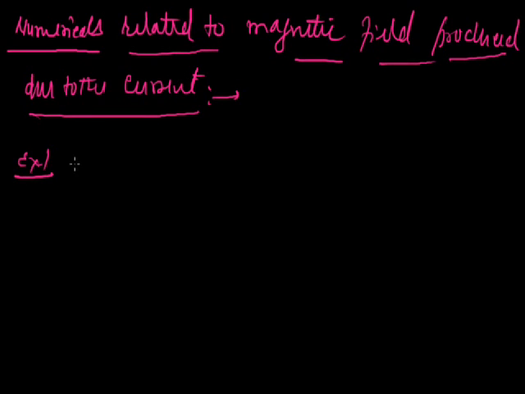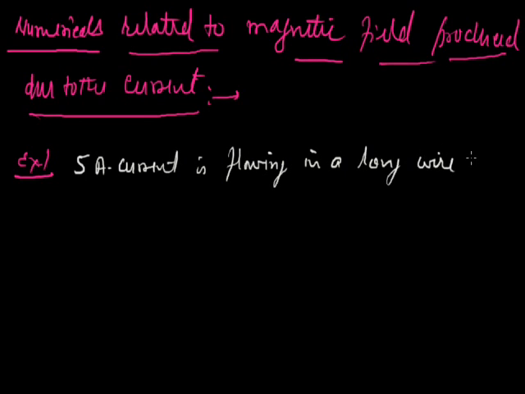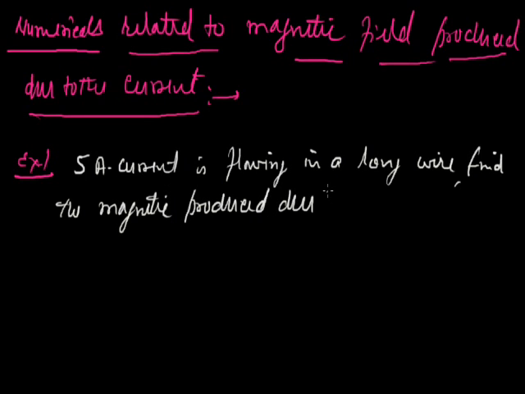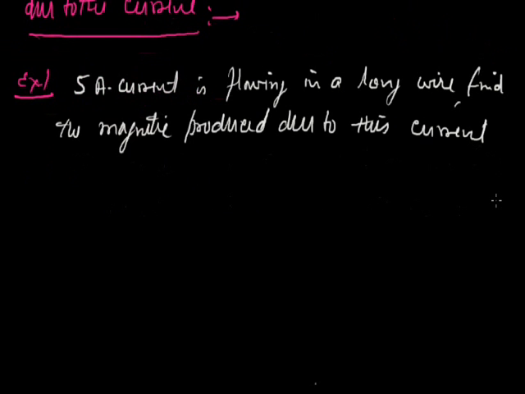Now example 1. 5 ampere current is flowing in a long wire. Find the magnetic field produced due to this current at a distance of 10 centimeter from the wire, at a normal distance 10 centimeter from the wire.